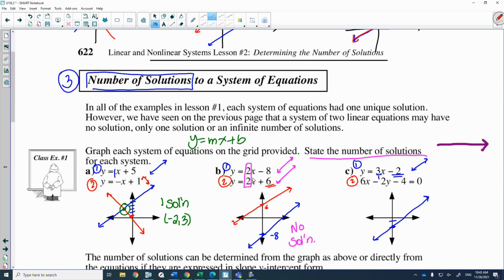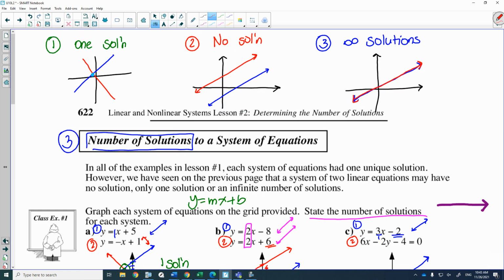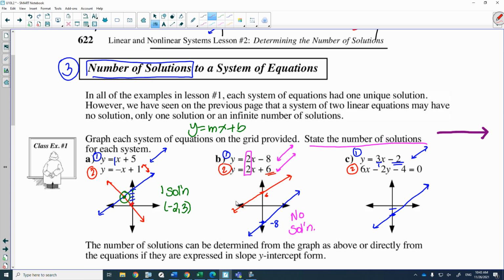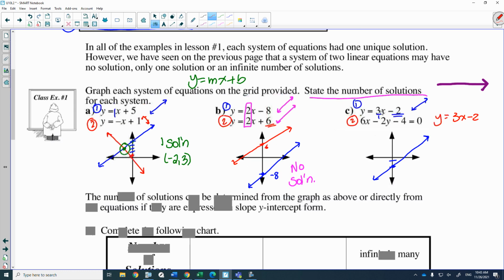So over here, I'm just going to write that equation, 3x minus 2. Y is equal to 3x minus 2. What do you notice about equation 1, 3x minus 2, and equation 2, 3x minus 2? They're the same.